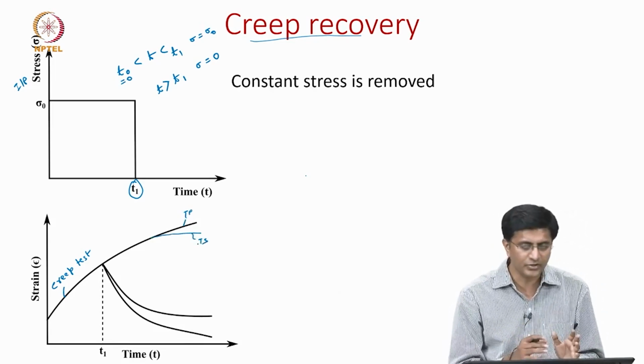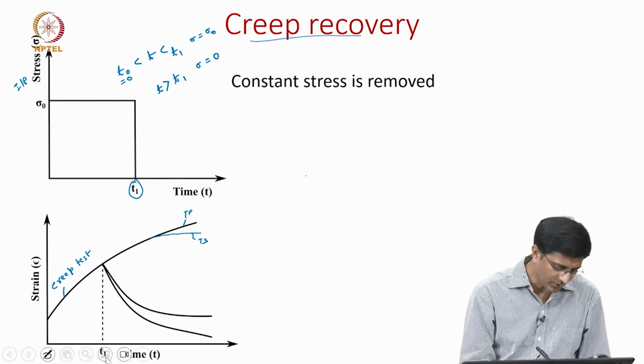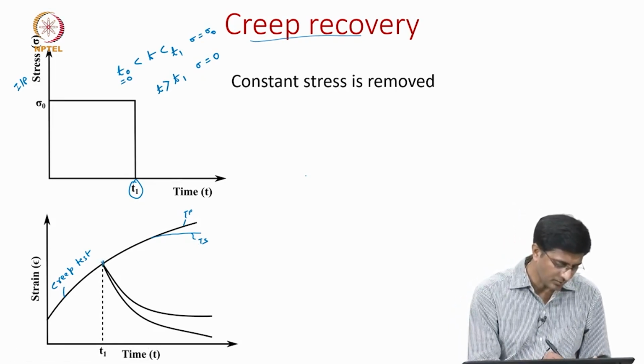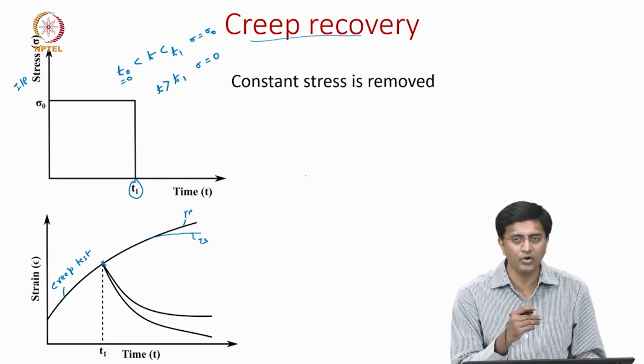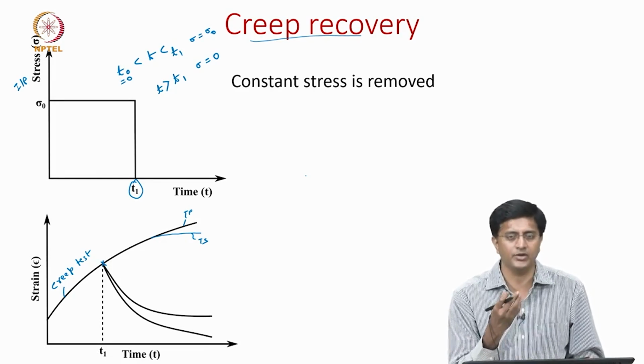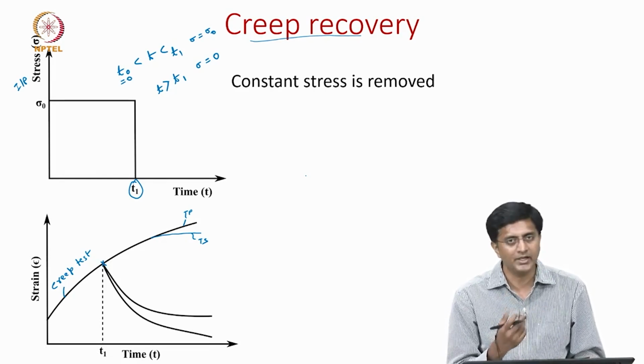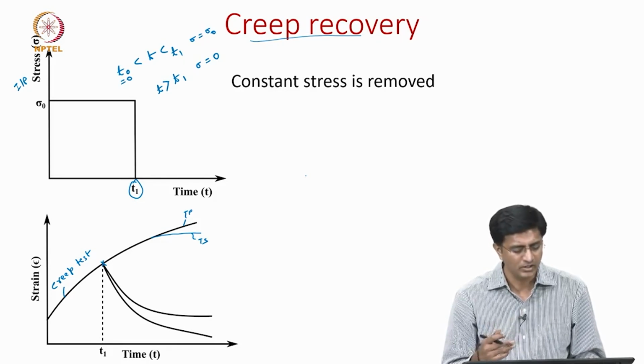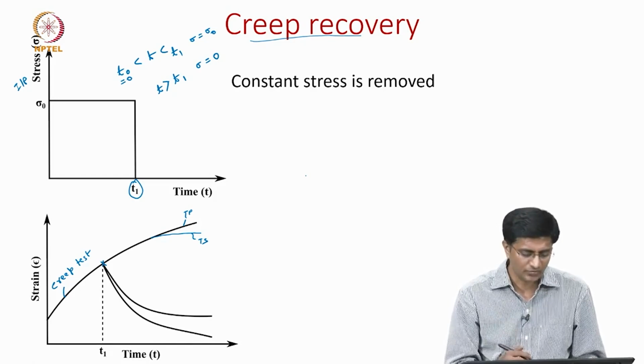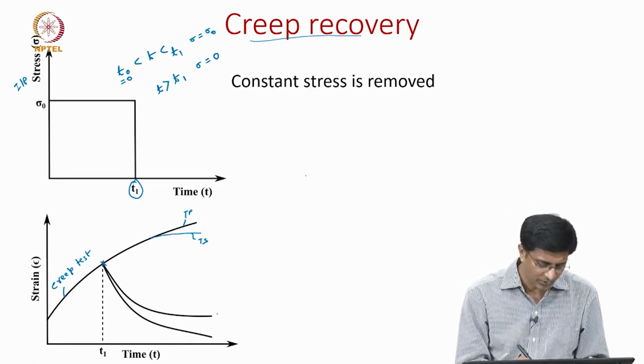But we are focusing on the behavior, what happens beyond this time t1. So, beyond this point when we remove the load, how does the polymer behave? Again it has two possibilities, either coming back to 0 strain or it can go back to a constant value. So, again there are two possibilities like curve C1 and C2.